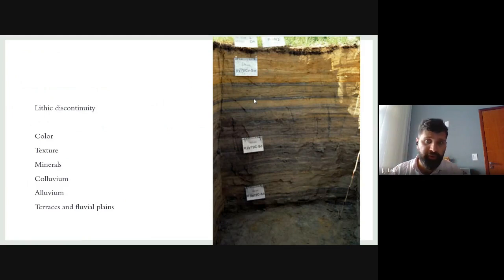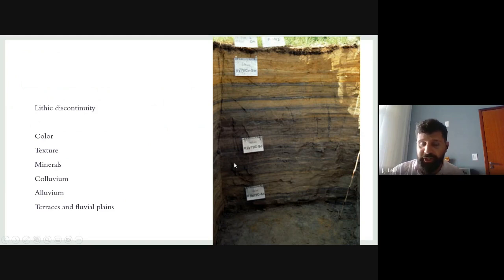In this case, river, but we can find it in sand that was transported by wind. We can think of colluvium that was eroded and transported by gravity. So if we have a lithic discontinuity or change of color, texture, or even minerals that are related to colluvium, alluvium, or formation of terraces and fluvial plains, they are not a possible argic horizon.